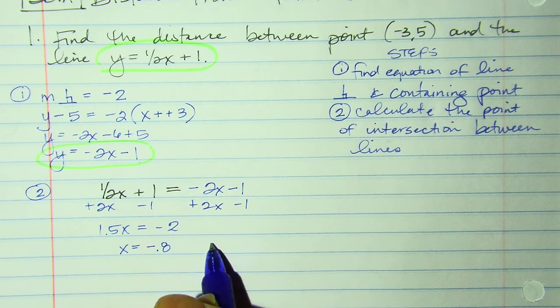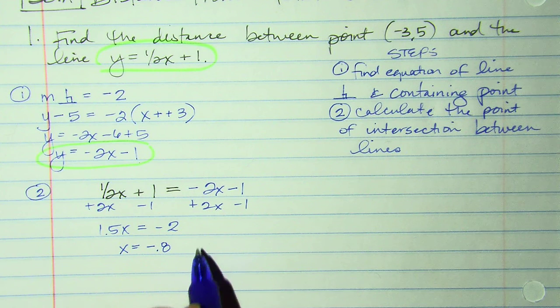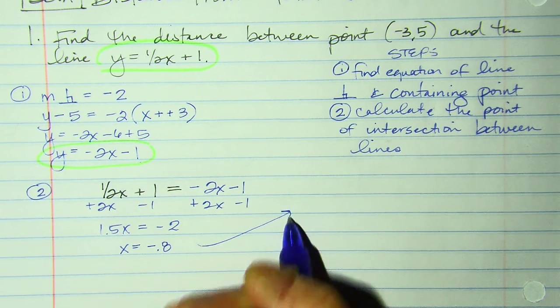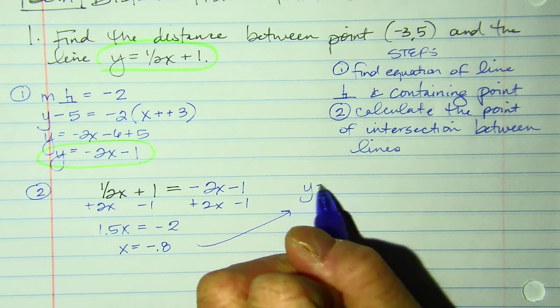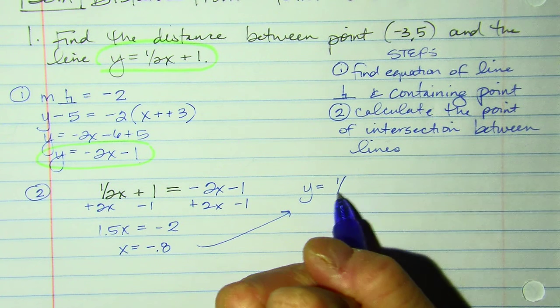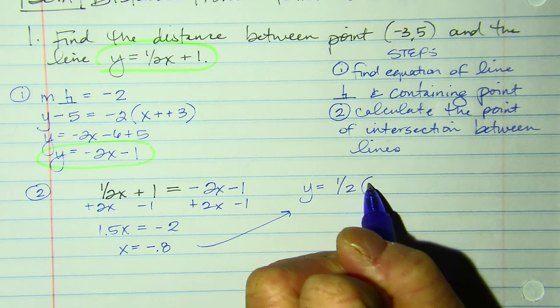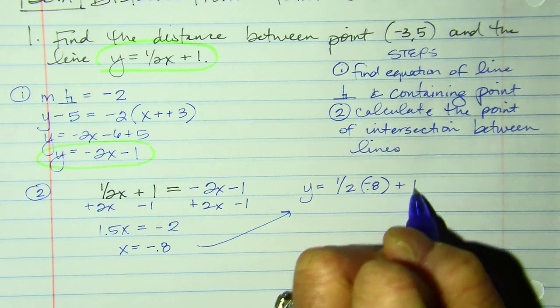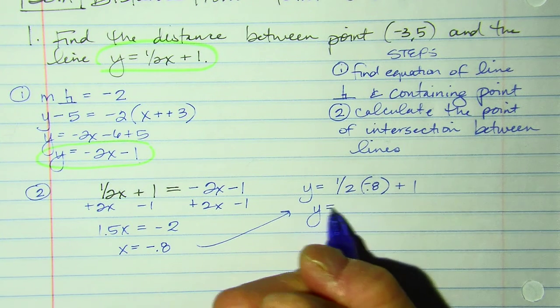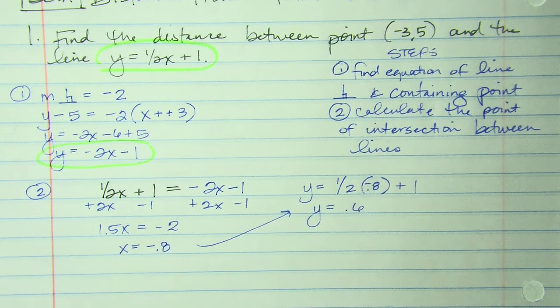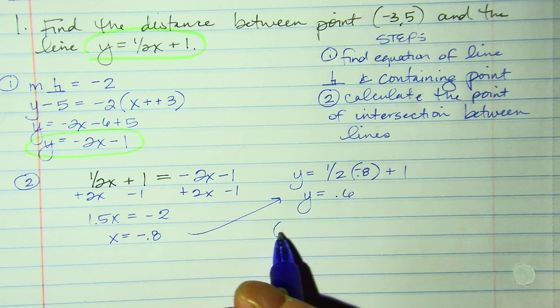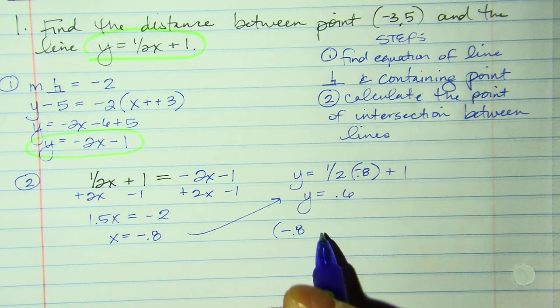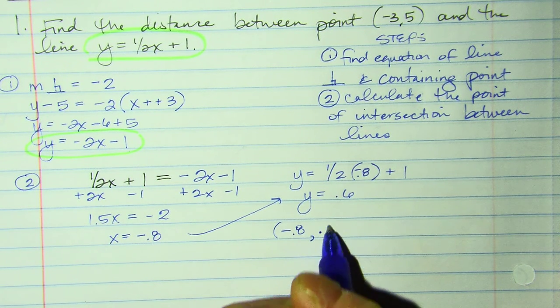Then I'm going to substitute that back in to find y. So y equals 1/2 times x, and for y I get 0.6. And so I now have this point, -0.8 and a positive 0.6.